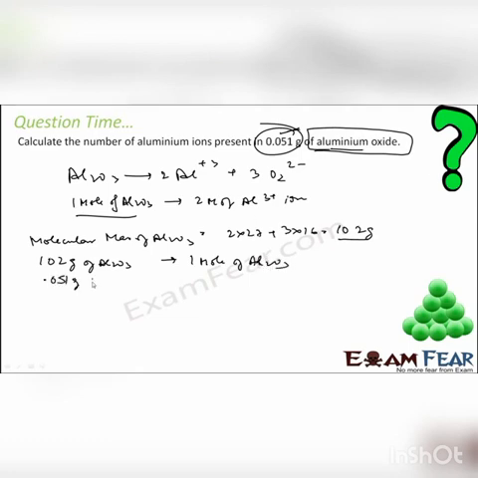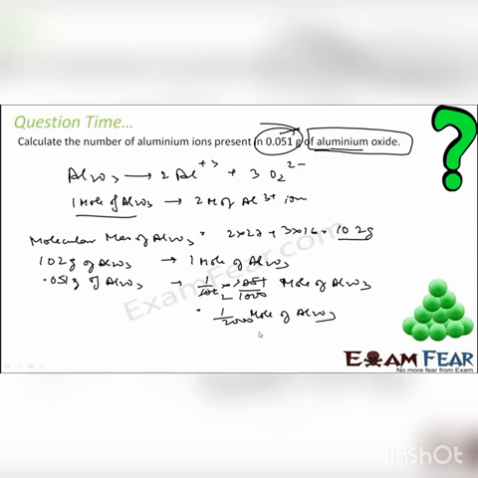And we are talking about 0.051 gram of Al2O3. So that means we have 1 by 102 into 0.051 mole of Al2O3. So you solve this, what you get? You get this by 1000 if you remove this dot, and this is 2. So 1 by 2000 moles of Al2O3, right?